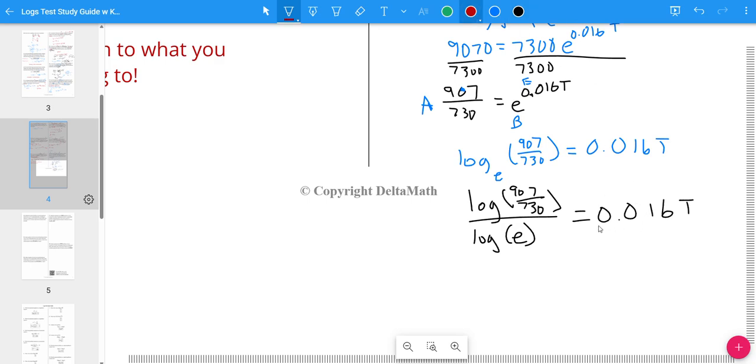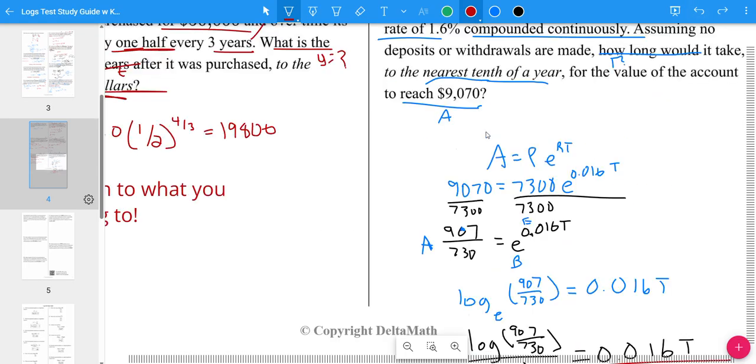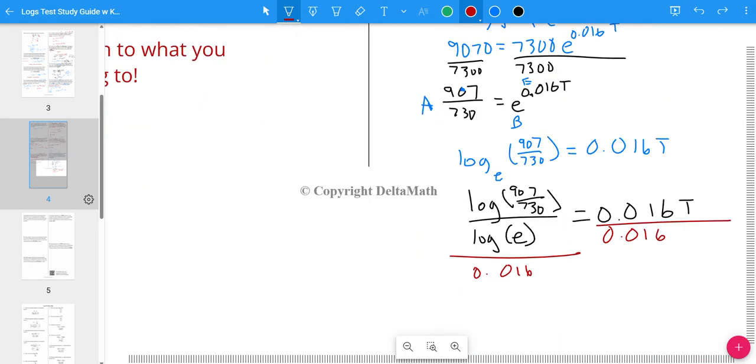Then divide by 0.016. So I'm going to type this in first, then divide by 0.016, and we're rounding to the nearest tenth. So let me show that.